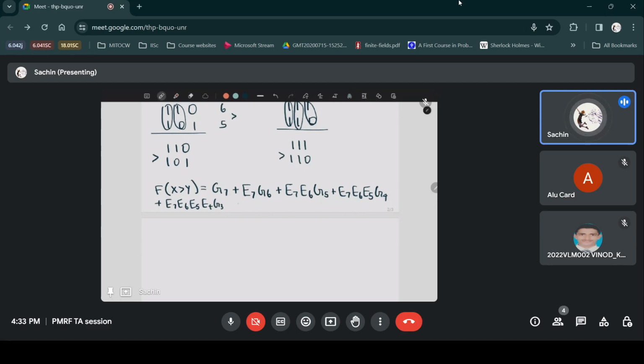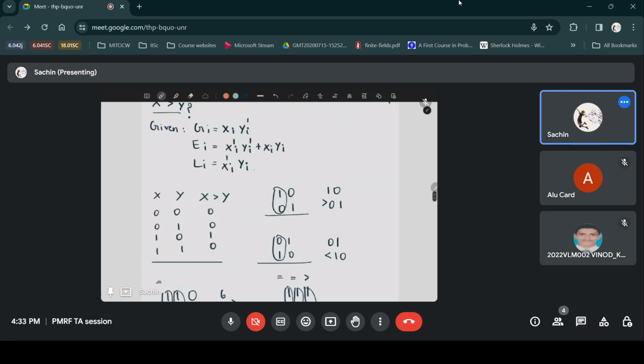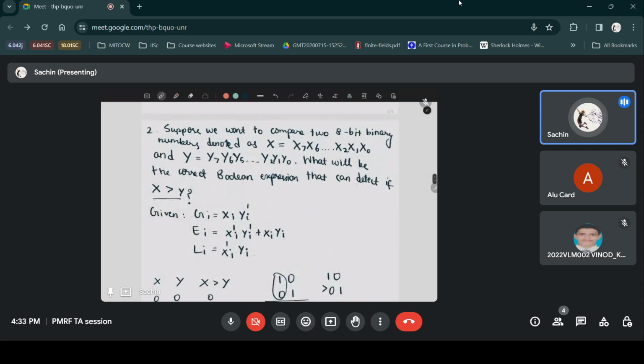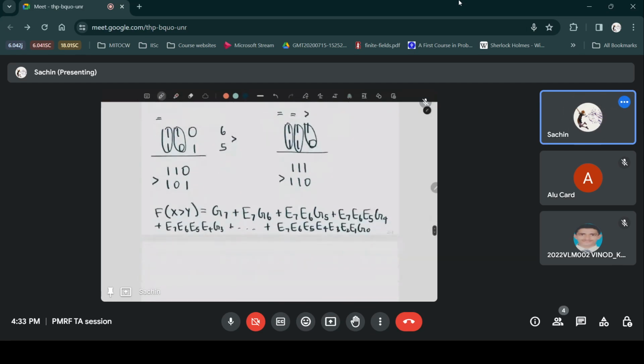I'll skip a few terms and the last term will be e7, e6, e5, e4, e3, e2, e1, g0. That is, the two numbers are equal in all other places except the 0th bit or the least significant bit. So that is the Boolean expression to detect if the number x is greater than y.